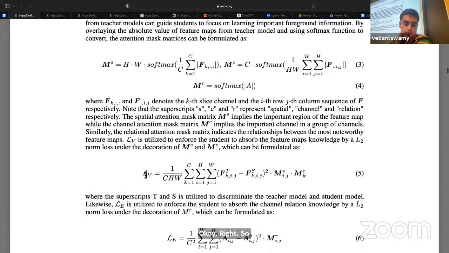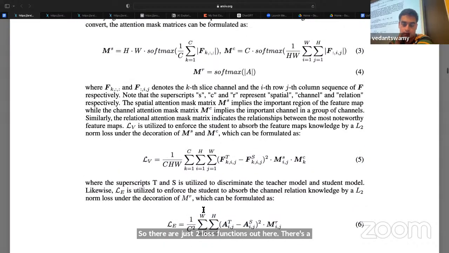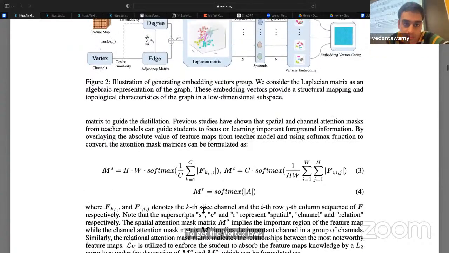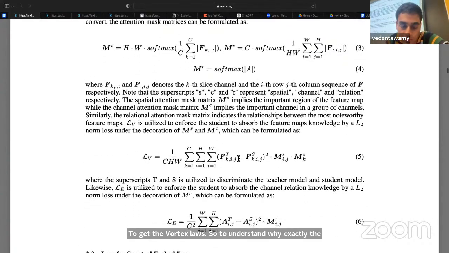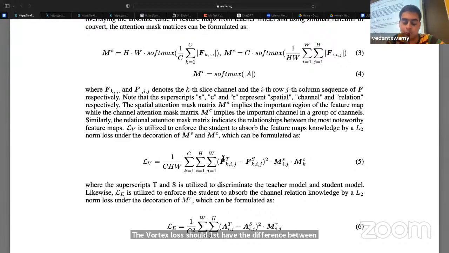So there are just two loss functions out here. There's a vertex loss and then there's an edge loss. To understand what exactly the vertex loss is, the vertex loss should first have the difference between each element inside the map of the teacher and each element inside the student, right?